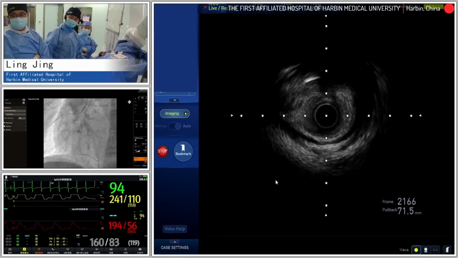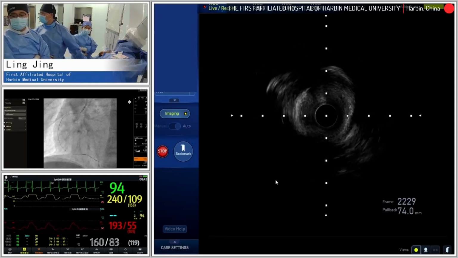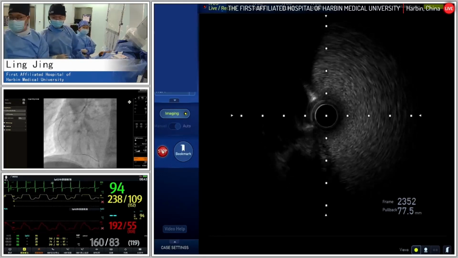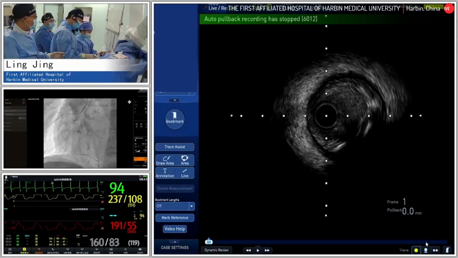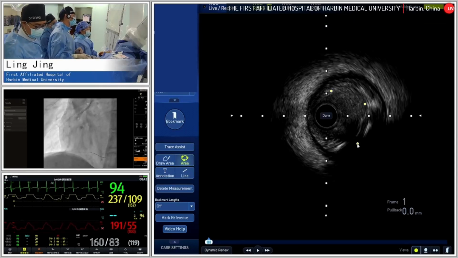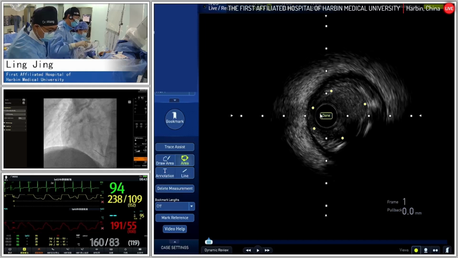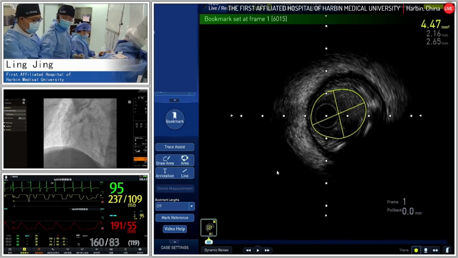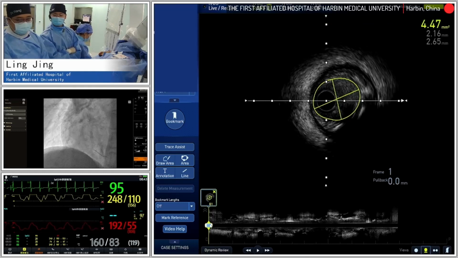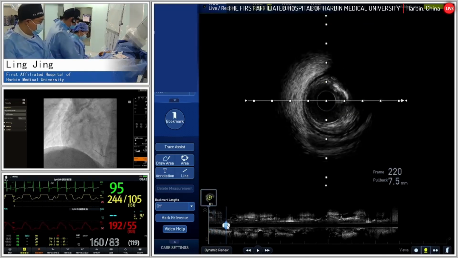So my suggestion is that after the first stent, maybe we still need some plaque modification for the proximal part of the RCA. So maybe a 2.5 stent, 30 or 33 or something, for the first one. How about 2.5 for the first one? Okay. The distal landing zone is 2.2 by 2.6.